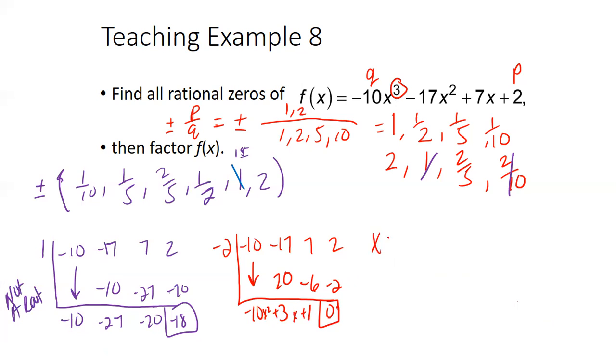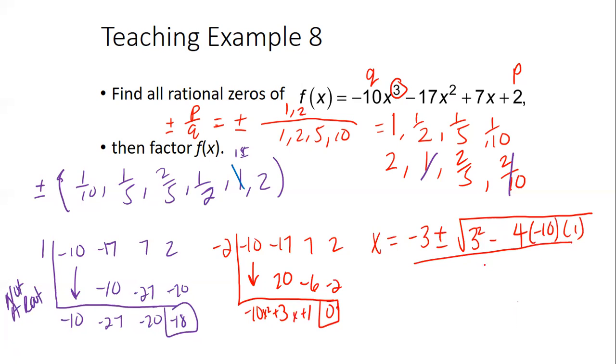Quadratic. So we have x equals -3 plus or minus the square root of b squared minus 4ac, divided by 2a. That's a.